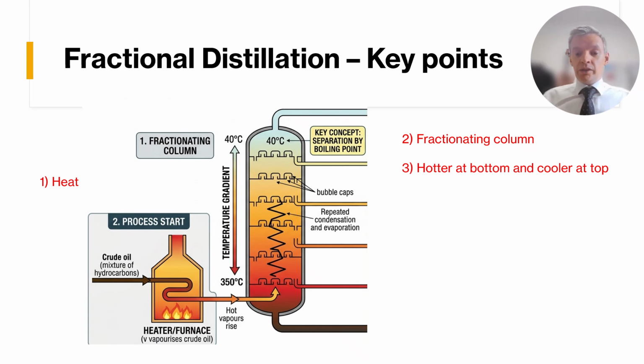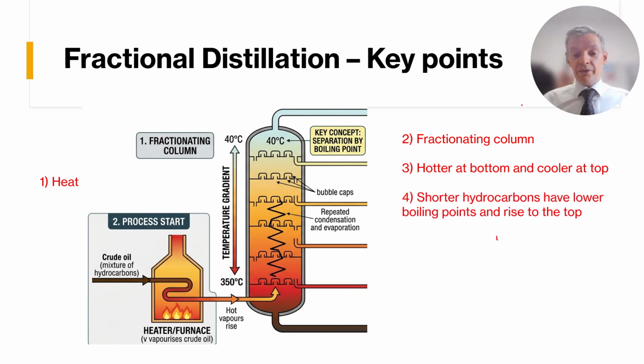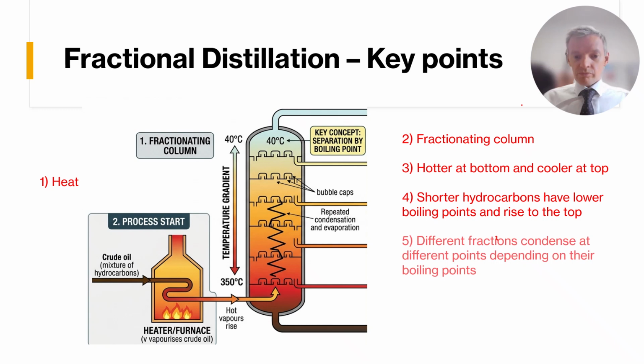And therefore they will condense at a point that is nearer the top of the column than the bottom. So shorter hydrocarbons have lower boiling points and they rise to the top. And then the last point that you can add on here is that different fractions condense at different points depending on their boiling points. So now we've looked at how we separate crude oil, and these are the key exam points. It comes up quite frequently.